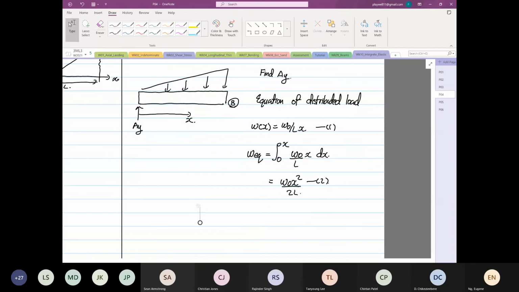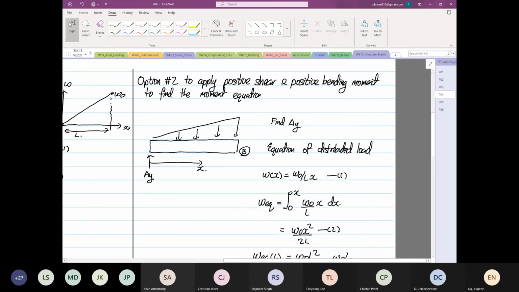Now if we want to find our equivalent load when x is equal to L, it is omega naught L squared over 2L, so this is equal to omega naught L over 2. This is using the function, and I encourage you to use the function.